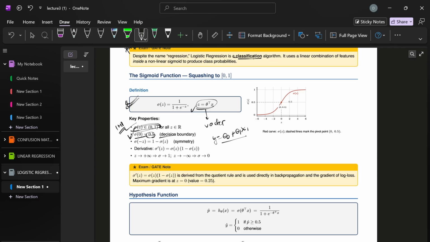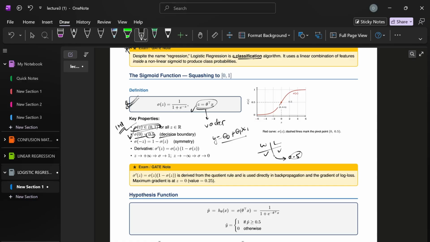Let's take the example of a cricket match: will India win or lose today? We are going to classify the points of the previous data as above 0.5 and below 0.5.